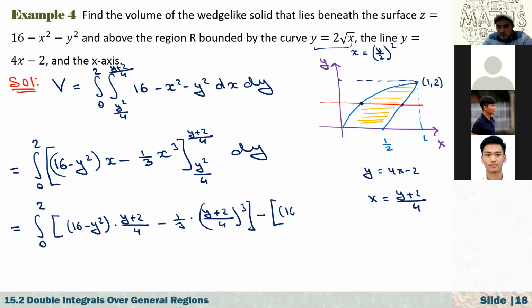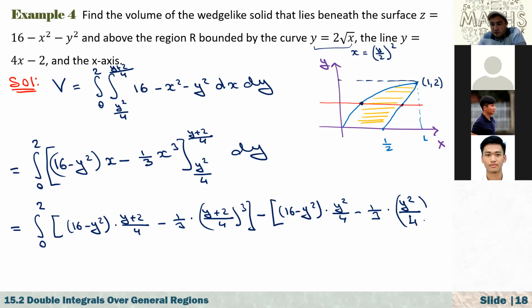Here we have 16 minus y squared times x. x is y squared over 4. And let me just erase this, I don't need it anymore. And minus 1 over 3 times x cubed. x cubed is y squared over 4, and here it is cubed. Close it. Okay, and the integral here we have dy.